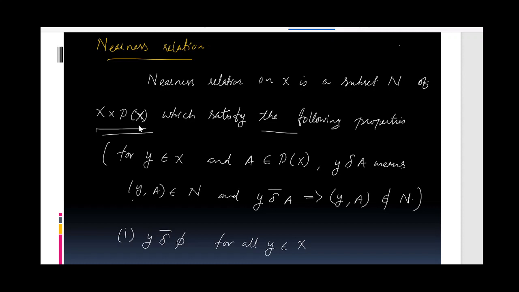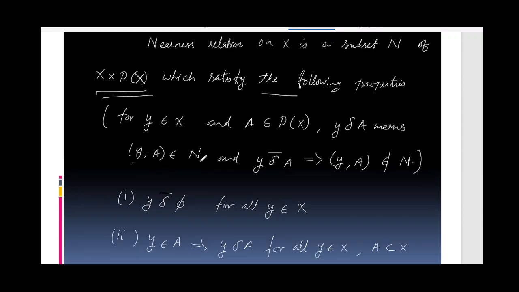So that's why we are writing YA. If YA belongs to N, it means Y is near to A. Instead of delta, we can say that Y is near to A.